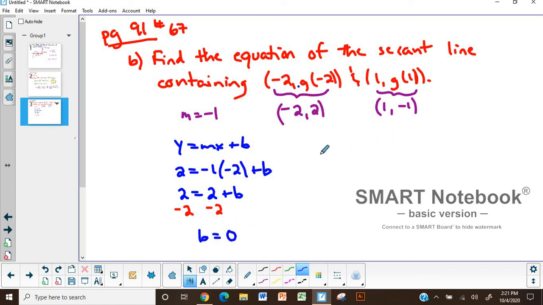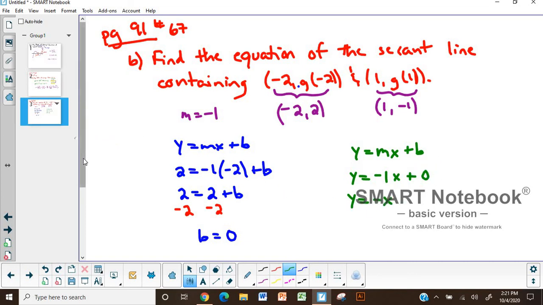Okay, so when we rewrite our equation in slope-intercept form, y equals mx plus b, we have y equals negative 1 times x plus 0. Well, negative 1 times x is just the same as y equals negative x plus 0.